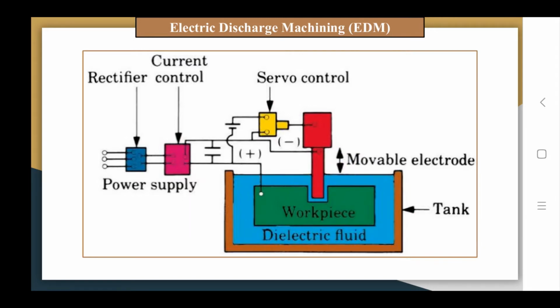If you see in this diagram, the tool is made of an electrode with negative polarity, and a small gap is maintained between the tool and workpiece. The workpiece is the other electrode, which acts as positive polarity, and this small gap is filled with dielectric fluid.